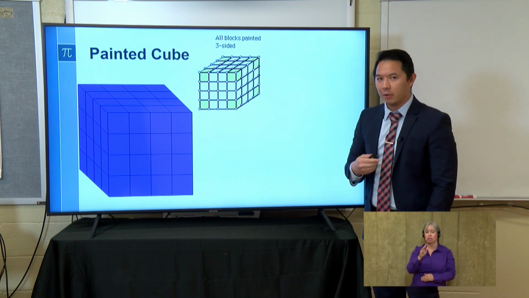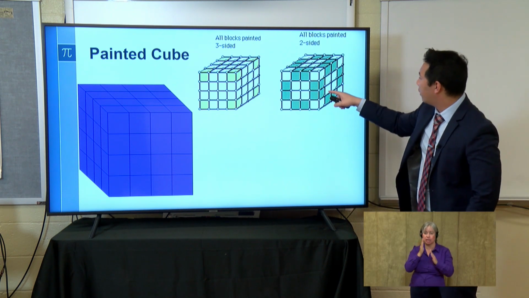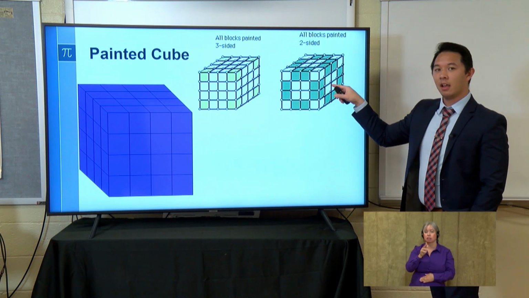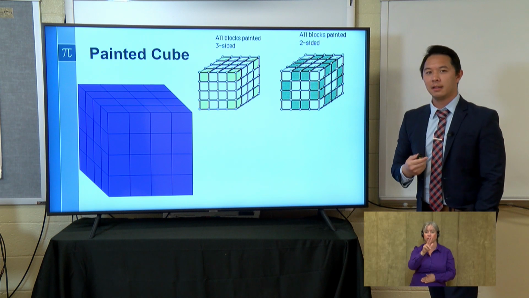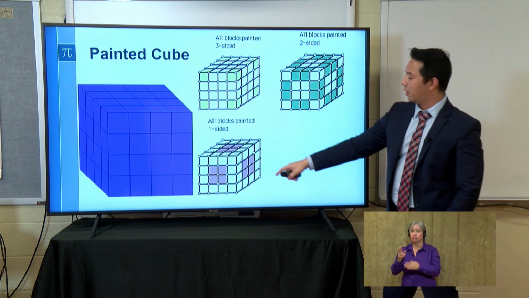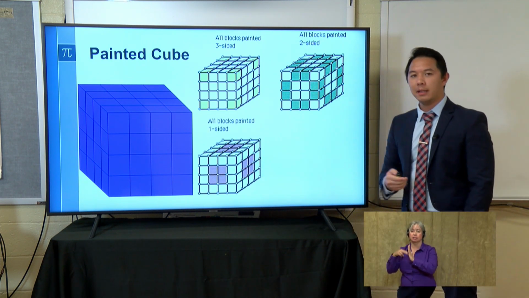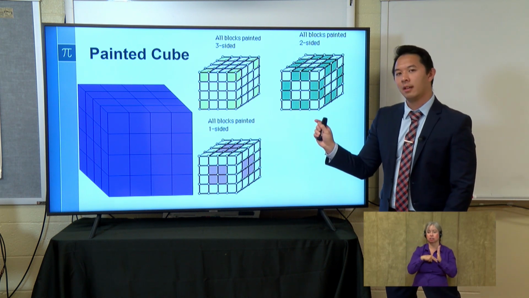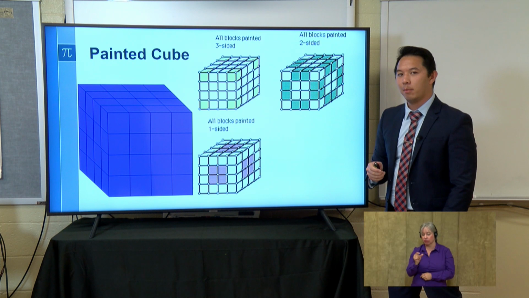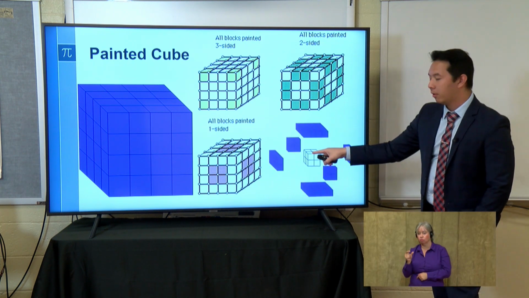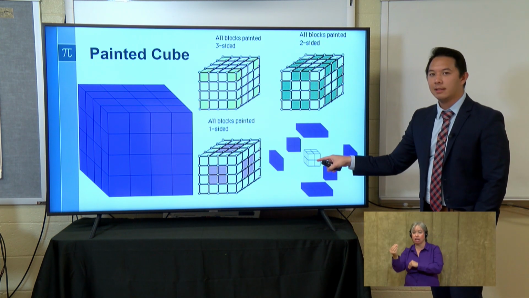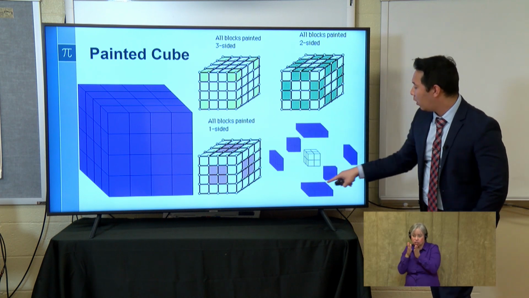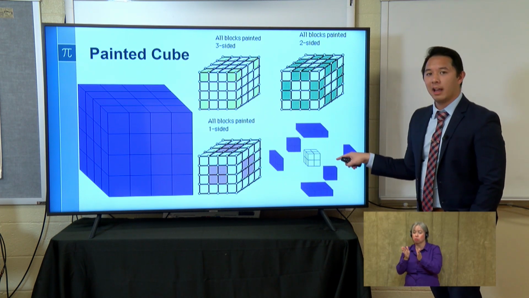Again, paying attention to the location. Here is where the 2 faces of our unit cubes are painted. Here is the location of the 1 face painted. And then when I take away all of the unit cubes that have paint on them, what's revealed is this smaller cube on the very inside.